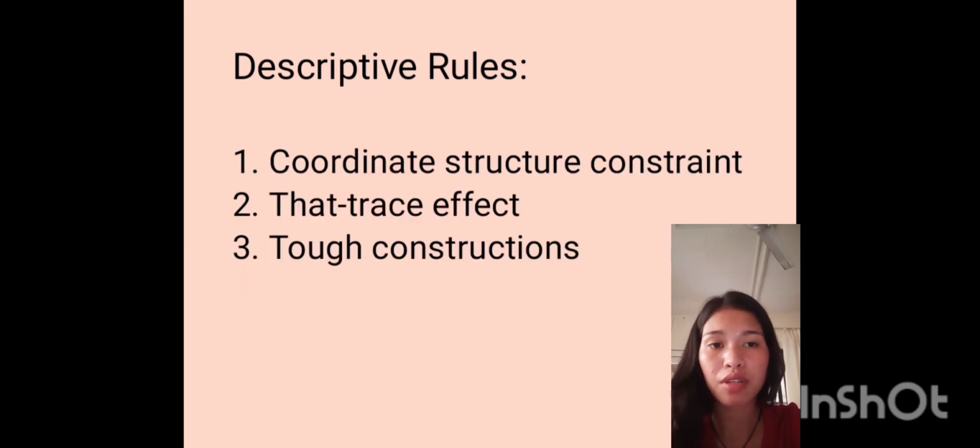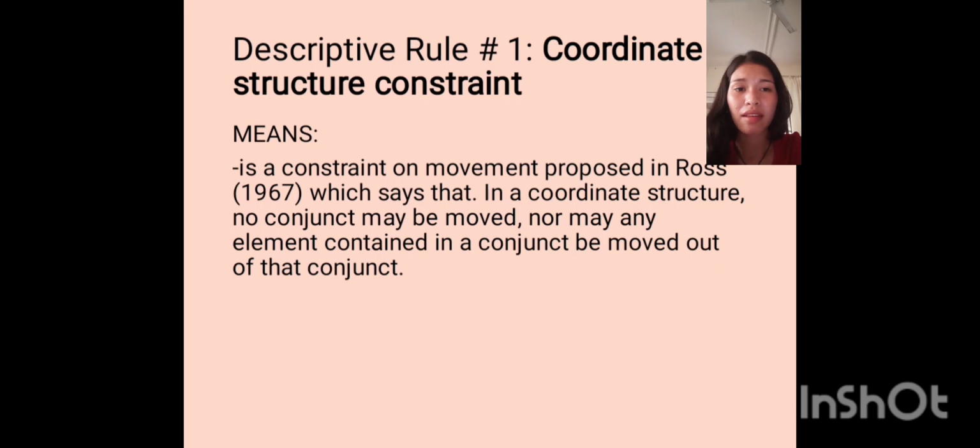So now let's proceed to the coordinate structure constraint. It is a constraint on movement proposed in Ross 1967, which says that in a coordinate structure, no conjunct may be moved, nor may any element contained in a conjunct be moved out of that conjunct.